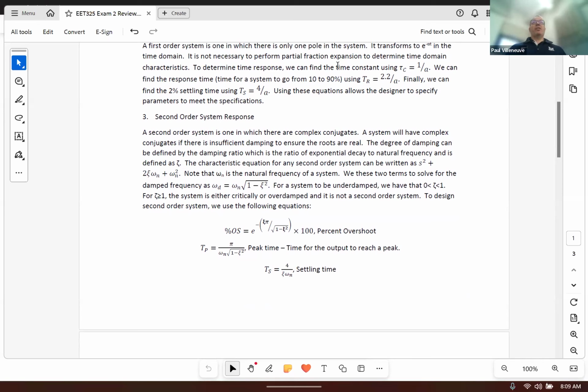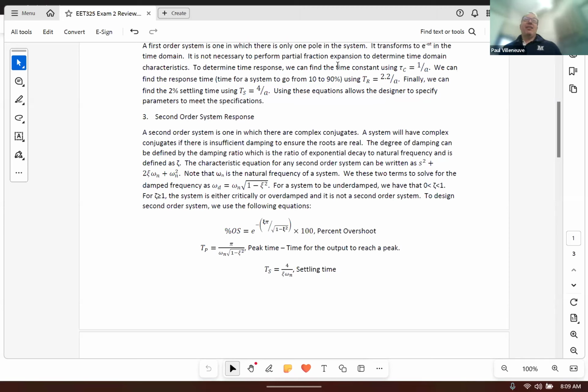Some second order systems can overshoot our steady state value. And so they can oscillate about that steady state point, which will give you a little bit of confusion. When does it reach 2%? Does it reach the first time it gets there? Or how about the second time or the third time or the fourth time? No, it's the last time. The last time it goes less than 2% of its final value, that's our settling time.